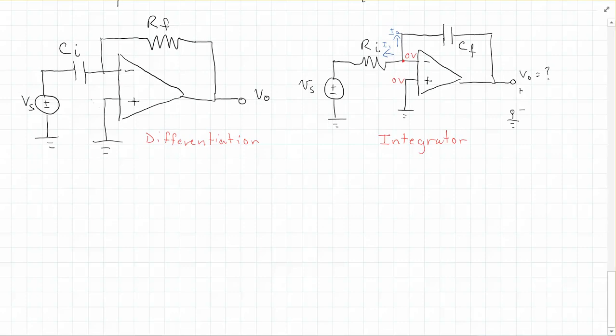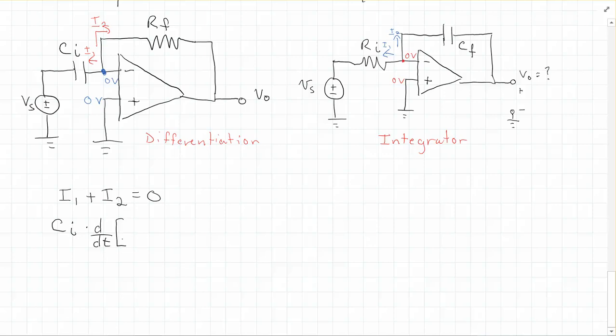So again, let's just start off here. I've got 0 volts. That means this point here is 0 volts because of ideal op amp. I've got some current coming up here, current going to the left, and I'll just call those currents I1 and I2. So we have I1 plus I2 is equal to 0. And then I1 is the current through the capacitor now, so this is going to be the input capacitance times the derivative of the voltage across the capacitor.